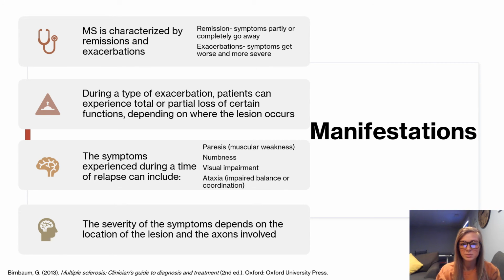But some of the symptoms experienced during a time of relapse can include muscular weakness, numbness, visual impairment, and then ataxia, which is impaired balance or coordination. The severity of the symptoms really depends on the location of the lesion and then what axons are involved. Because that will determine which functions of the body are affected as well.